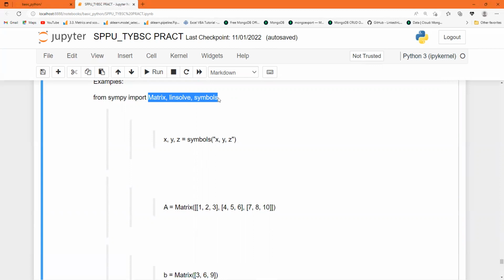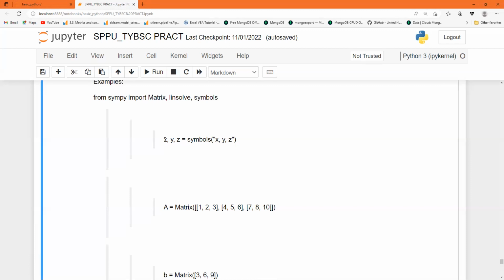If you don't want to import these three functions, we can simply import the SymPy library with some abbreviation, like sp or sy, and then write whenever you need, as sp.Matrix or sy.Matrix, sy.linsolve, sy.symbols. But when you have already imported these functions from the library, there is no need to write the abbreviation dot, that means sp.Matrix and sp.linsolve. So this is the thing that we have to remember.